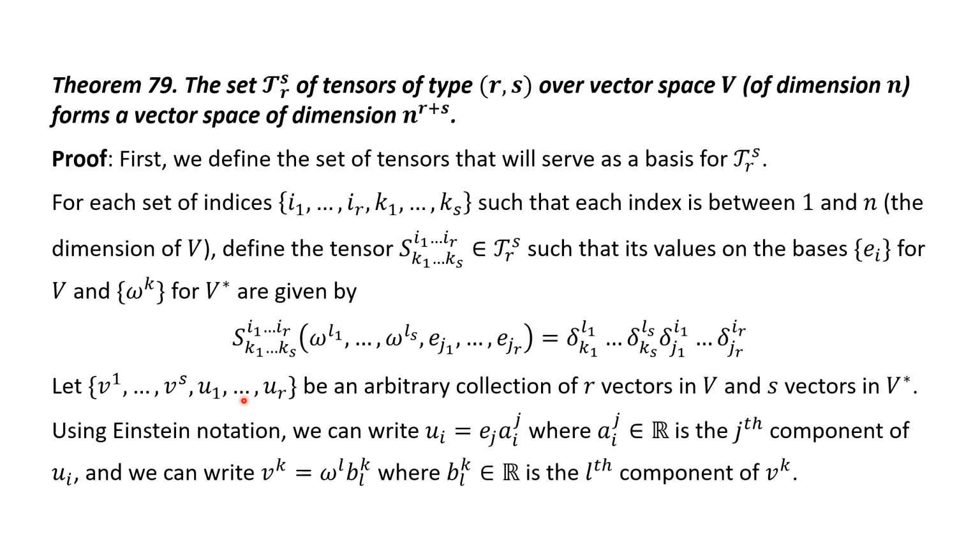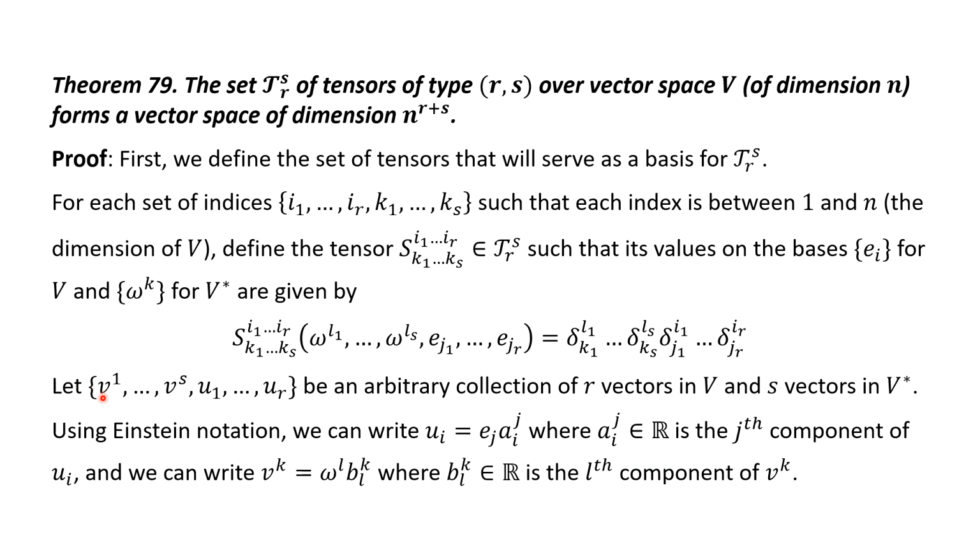So the U's are written this way here, basis element and then the coefficient, or the component. So where A_ij is a real number is the jth component of U_i. And then for V superscript k, we can write that as the basis vector times the coefficient or component. And this B_lk is a real number, and it's the lth component of V^k.